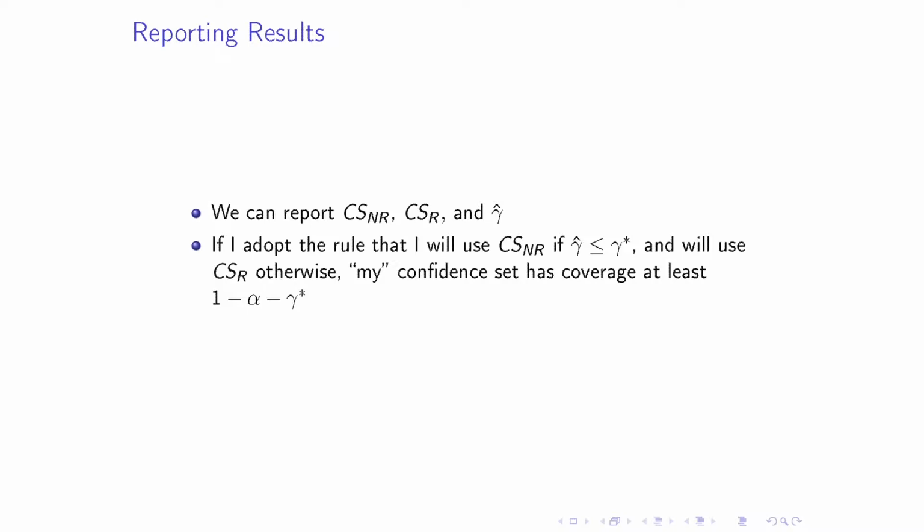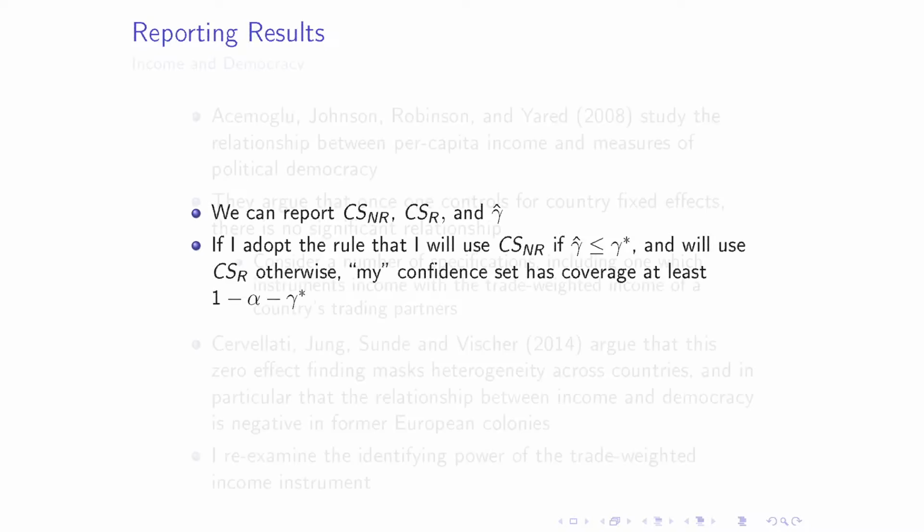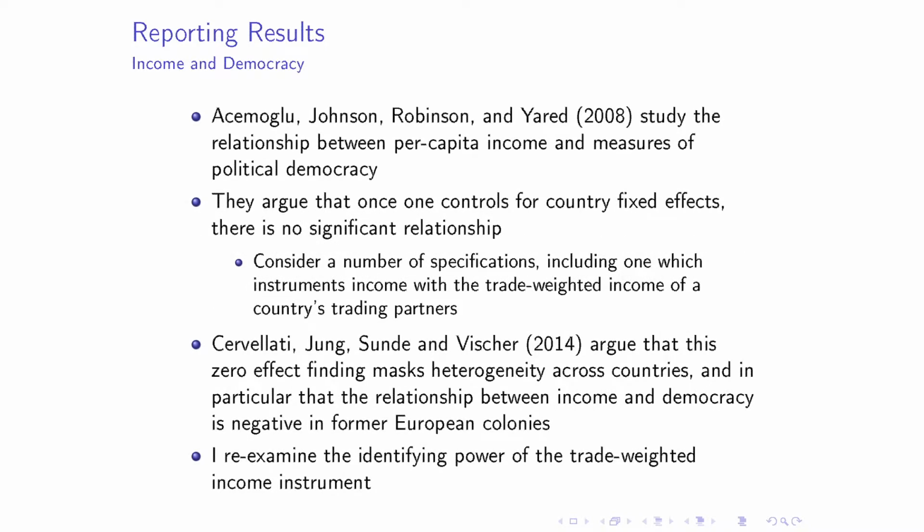And subject to using this sort of cutoff rule, that actually does have a property in terms of coverage. To give you a sense of what this looks like, I'll talk briefly about one empirical example. Acemoglu, Johnson, Robinson, and Yared studied the relationship between per capita income and various measures of political democracy, and argue that once one controls for country fixed effects, there is no significant relationship between these variables.